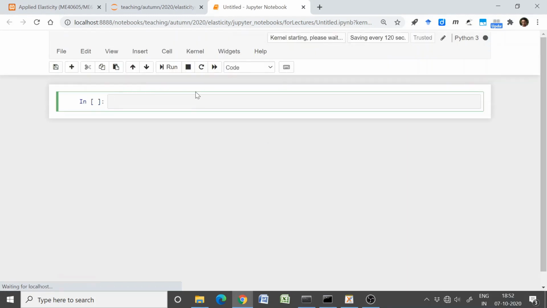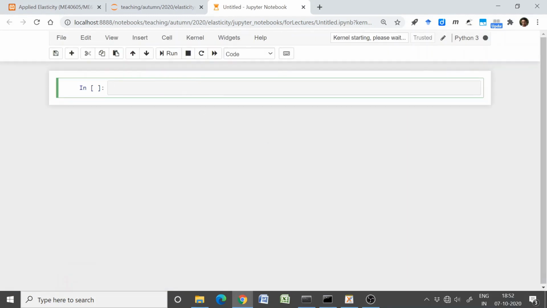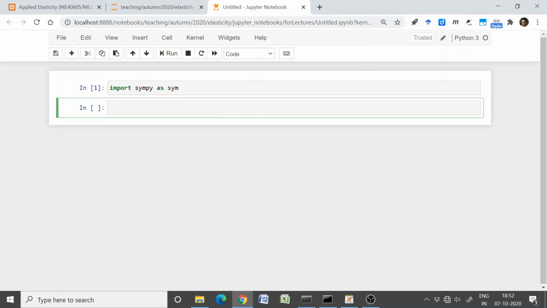So this is our new file where we'll do all our work. As before, our first job is to import SymPy as sim. That will take a little while. Okay, it's done. Now the first thing we do is we set up our variables, the all important variables r and theta.